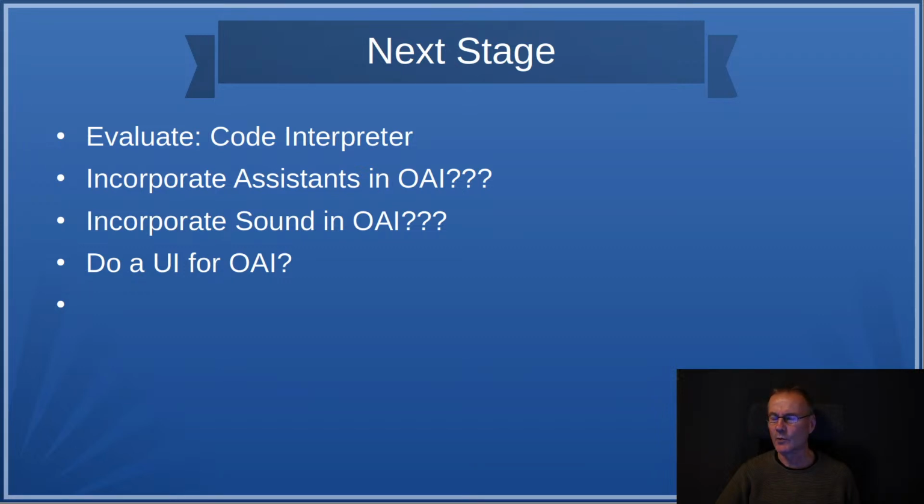Another thing for OAI is maybe a user interface for OAI. Maybe not part of the same code package, but at least starting off as a separate code package. It could be something I'll be working on over Christmas. We'll see.